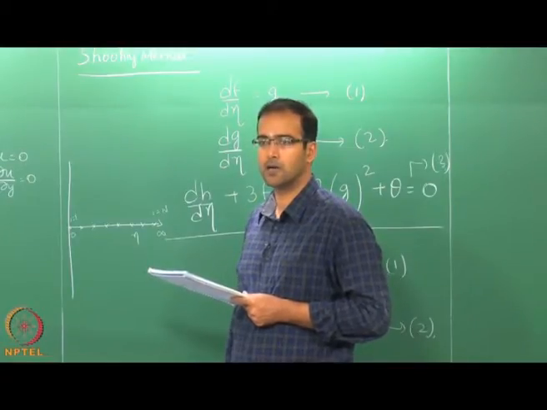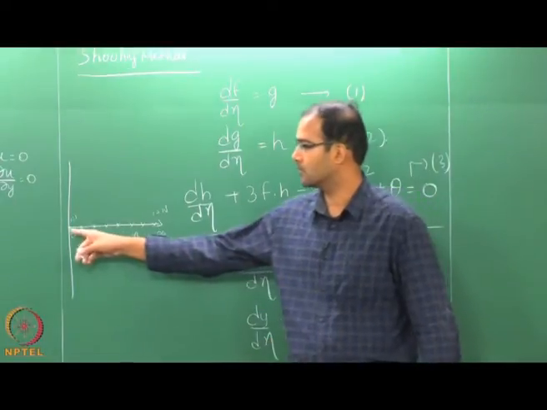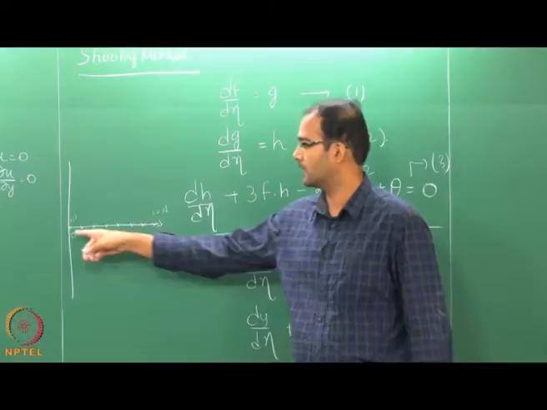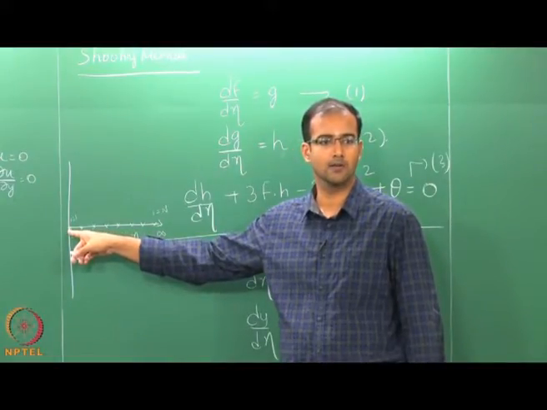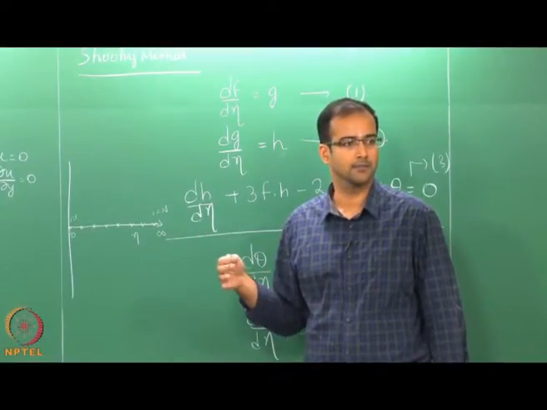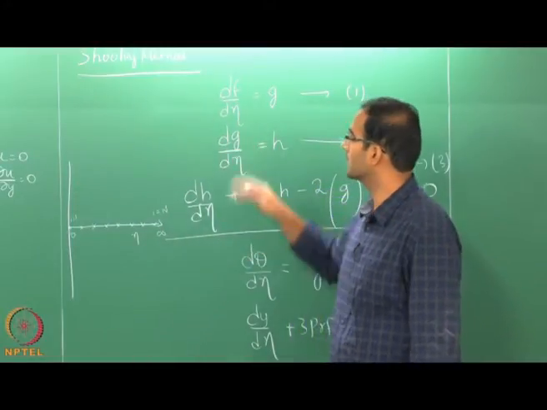Now, in order to march forward in space, you need to know the boundary conditions for f, g and h at I equal to 1, that is at eta equal to 0, and then only you can march in a straightforward manner. Let us see how we convert this into the equivalent boundary conditions.